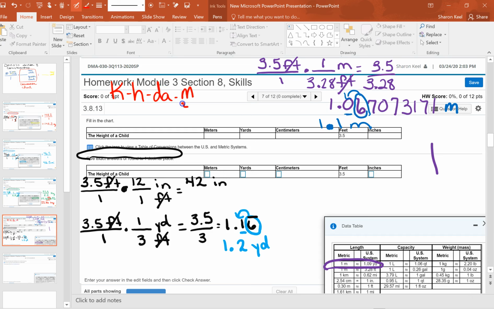Then we have our unit meter, liter, gram, deci, centi, milli. We're going from meter to centimeter. So meter to centimeter is going to be 2 places to the right.